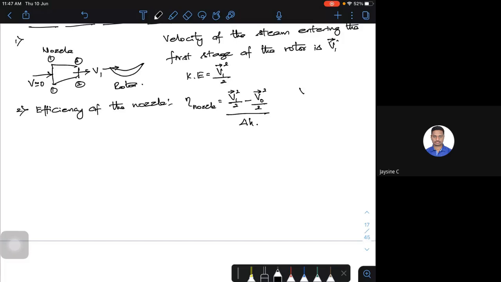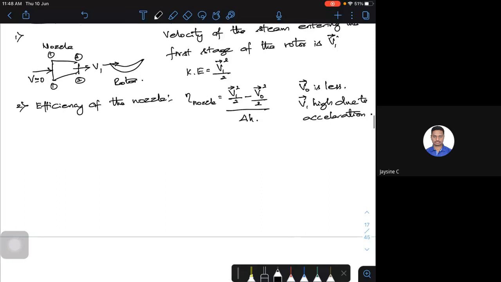So here V0 is very small and neglected, and V1 is very high due to acceleration of the fluid. This is what is happening.